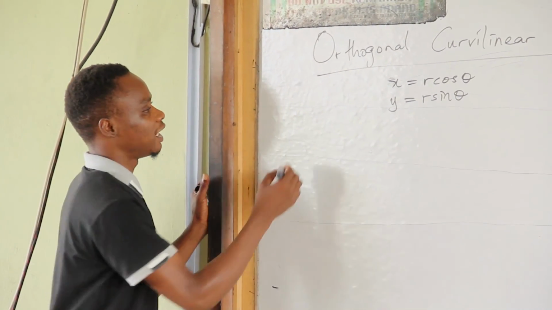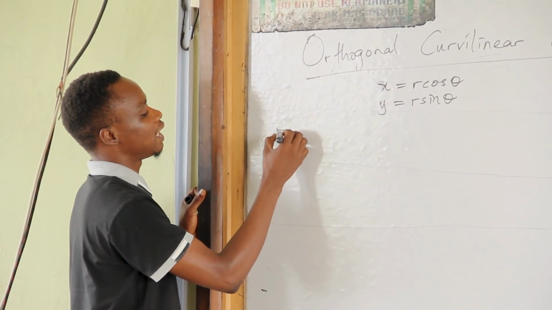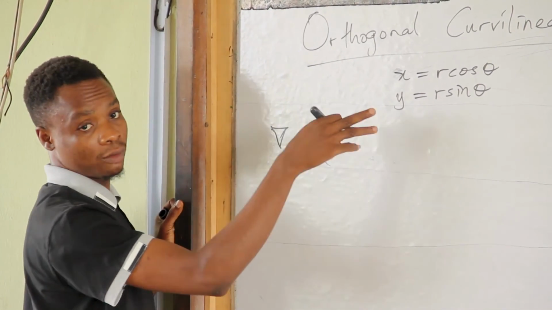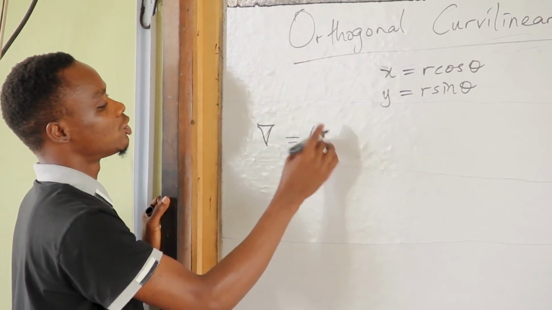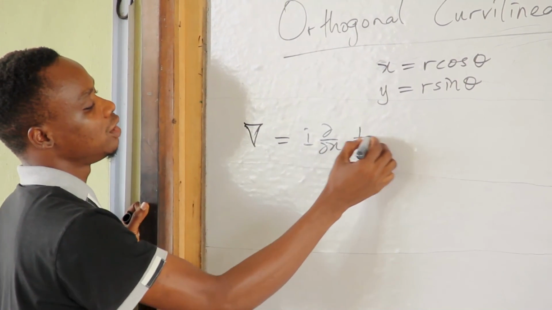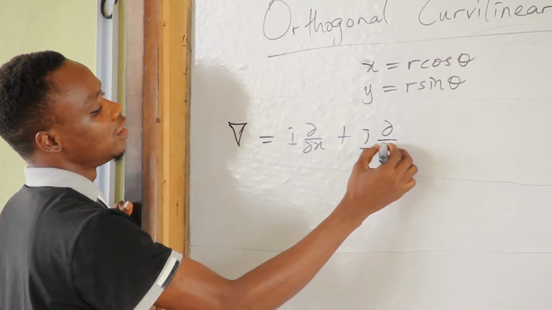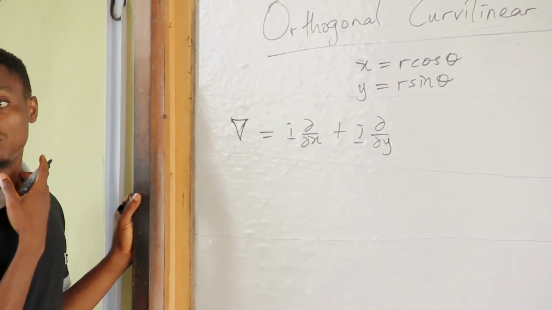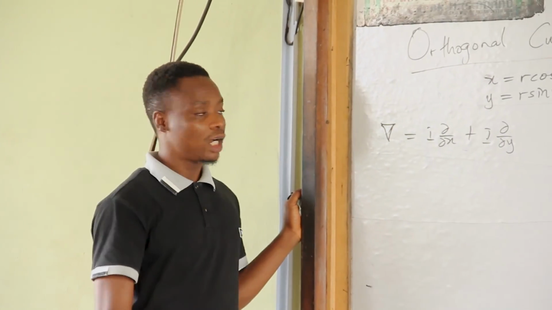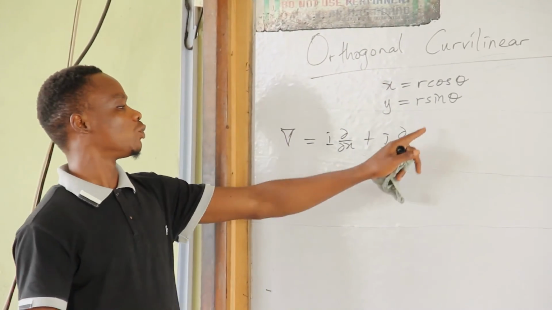Now, try to find out what your del should be for our two-dimensional coordinate system. It should be equal to i del/del x plus j del/del y. We don't have any z component, so let's say that will be there. Is it clear?